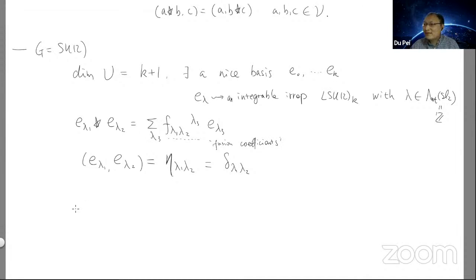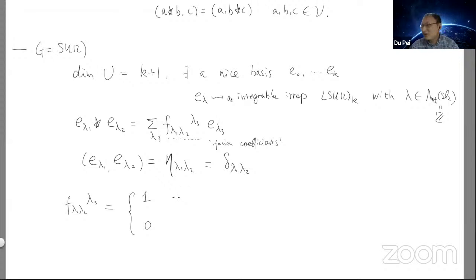And they are given by the following. First, it's either 1 or 0.